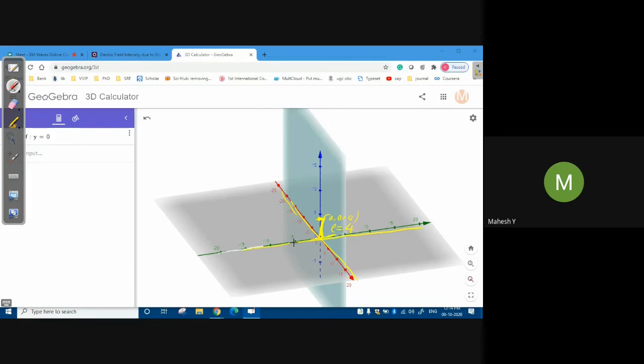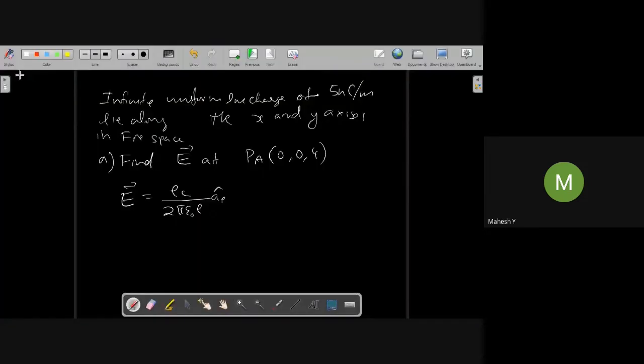Then the electric field intensity due to this line will be upward, and due to this line also upward. So they are added up, right? So what is E? E is equal to rho L by 2 pi epsilon 0 rho, a rho cap.